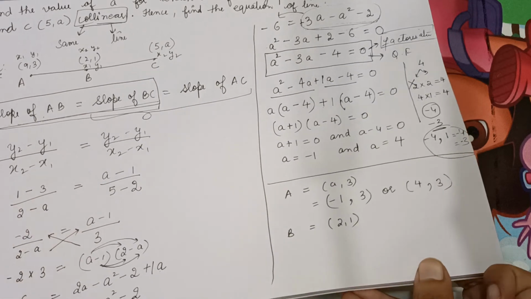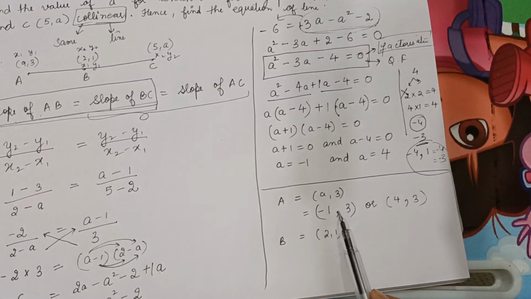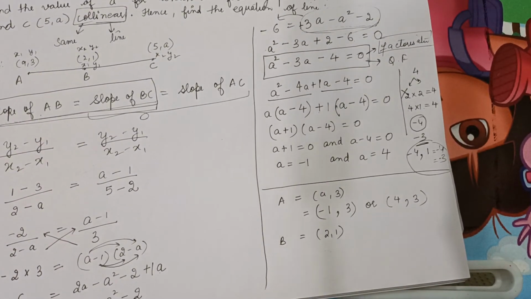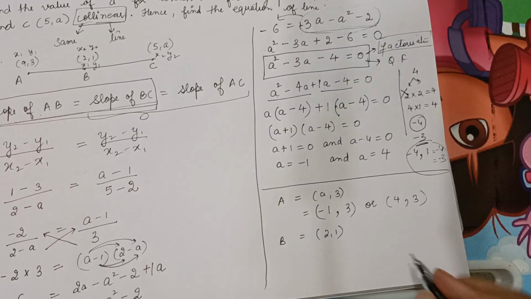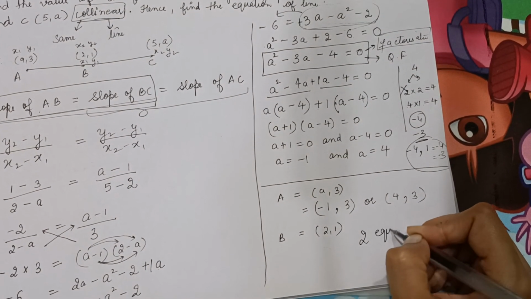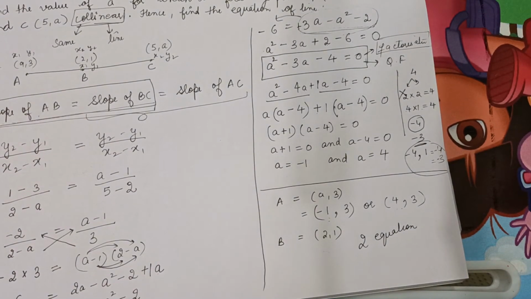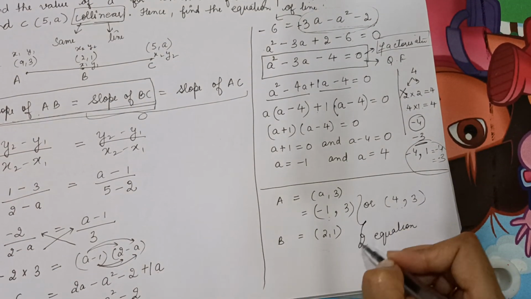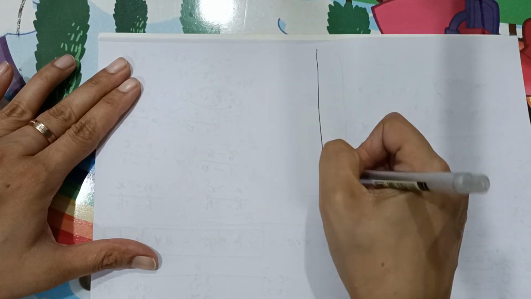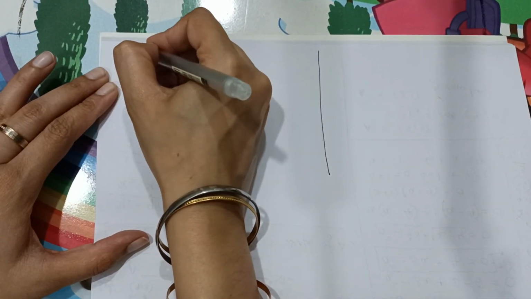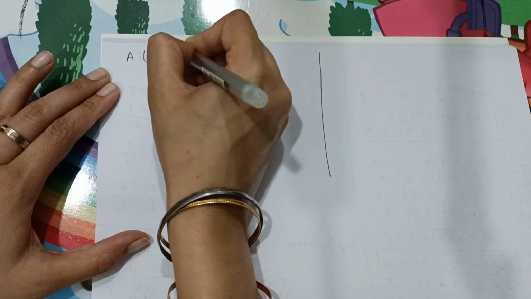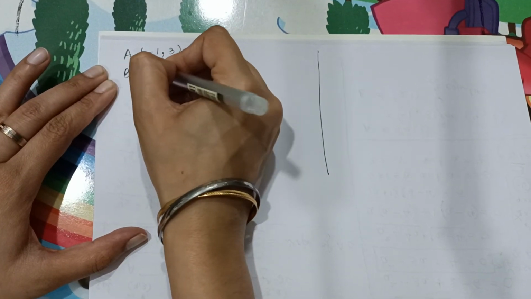But as you can see here, two values of a we are getting. That means two equations we will get corresponding to each value of a. So first of all, let's use these coordinates minus 1 comma 3 and 2 comma 1. Two equations we will get. So first, a's value is minus 1 comma 3 and b's value is 2 comma 1.